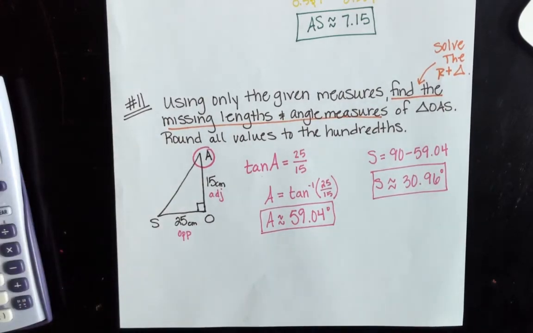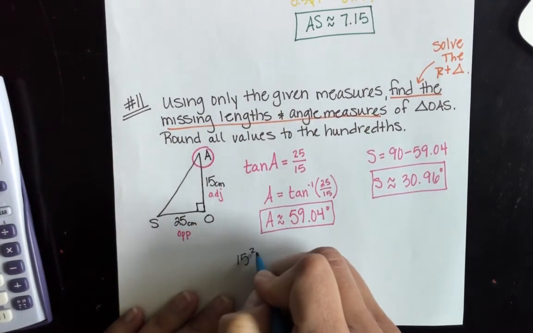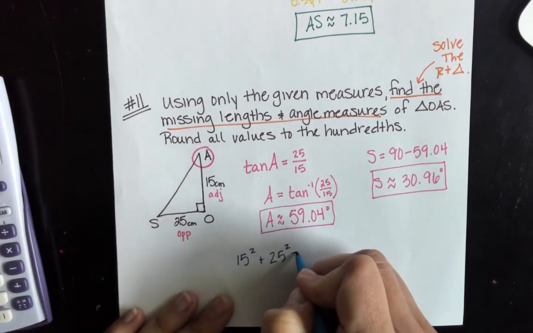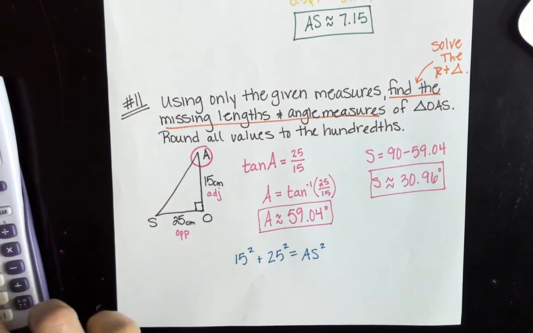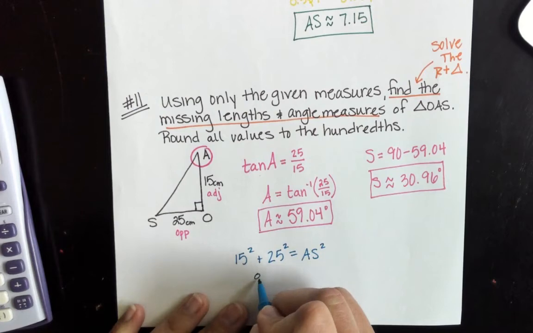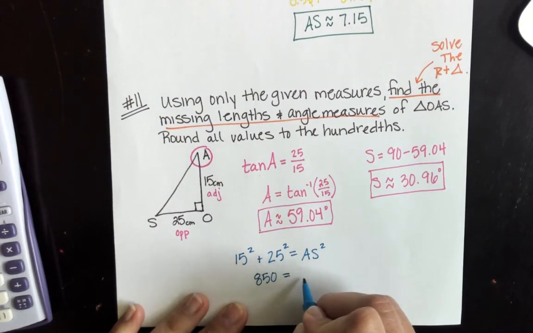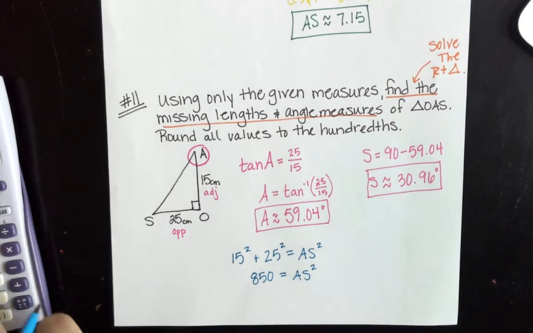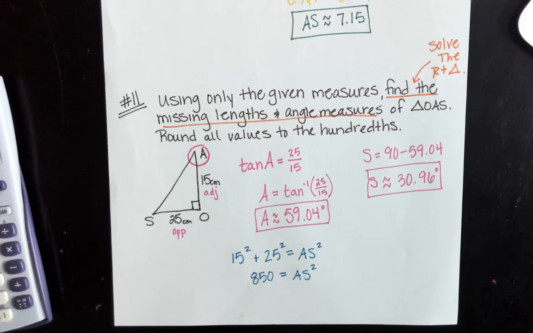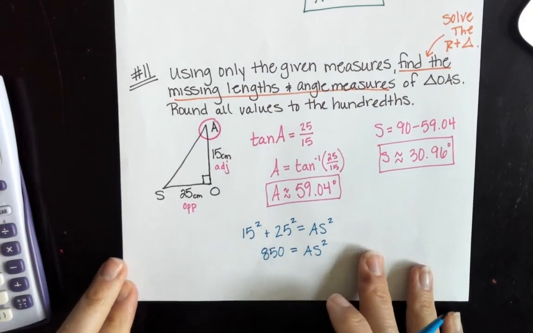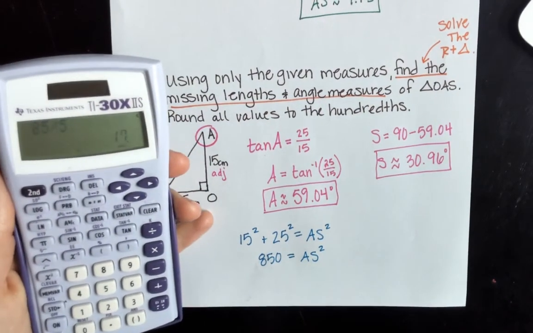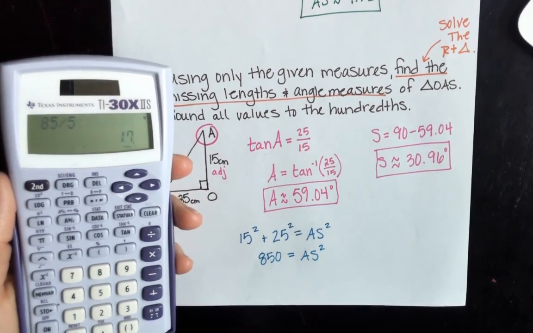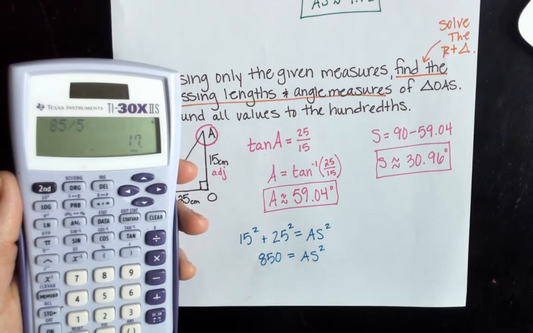that's our Pythagorean theorem. So 15 squared plus 25 squared will equal AS squared. That comes out to be 850 equals AS squared. Now, ironically, if we were to break this down to see if there was any perfect squares in here, one of the things I did was I just checked again.